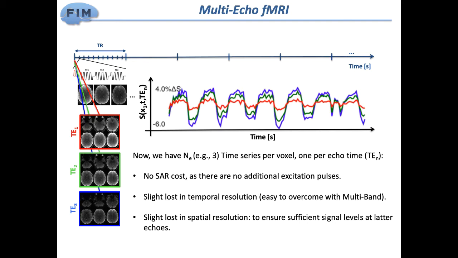And then you could argue that maybe there is a slight loss in spatial resolution because sometimes, depending which one is your later echoes, you may not want to have too small voxels, so you have some signal left, but there's a lot of balance there. So I would say the take-home message is that you can get all this extra stuff with almost no loss or no loss at all.